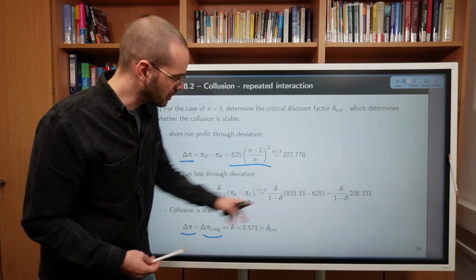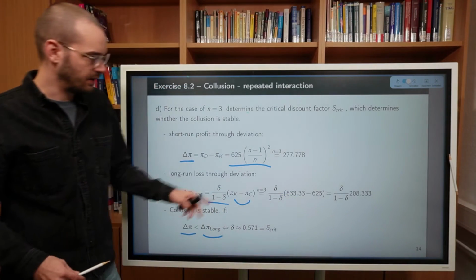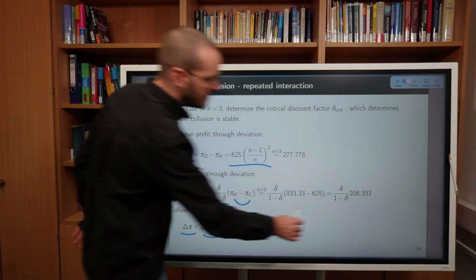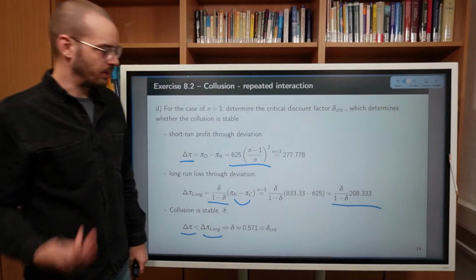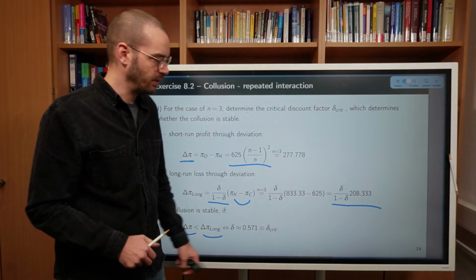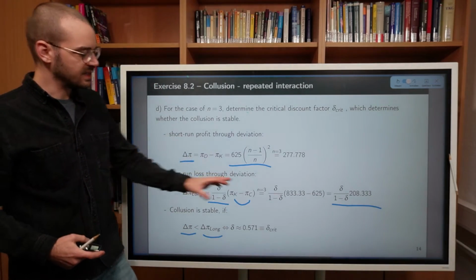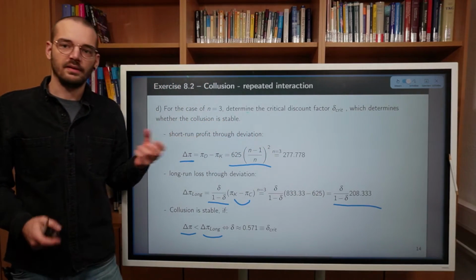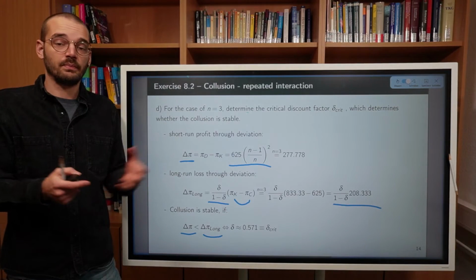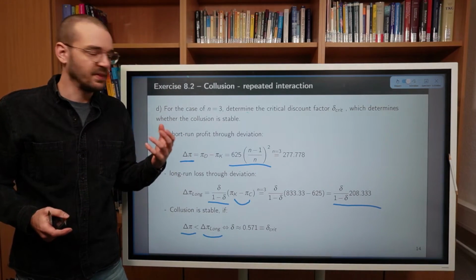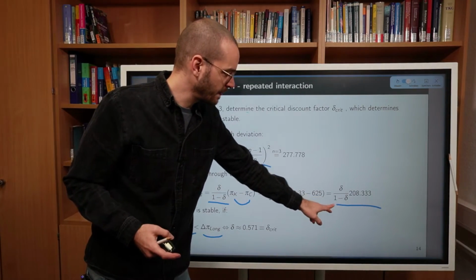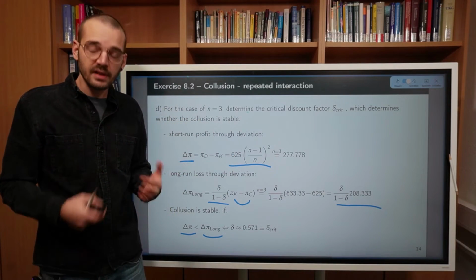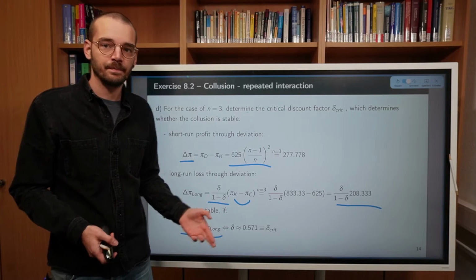And if we do so, we can find out that the long-run loss through deviation is this expression, delta divided by 1 minus delta times 208.333. And we immediately see that logically the valuation of this long-run loss in profits, the valuation of these decreased future profits, depends on the discount factor delta.